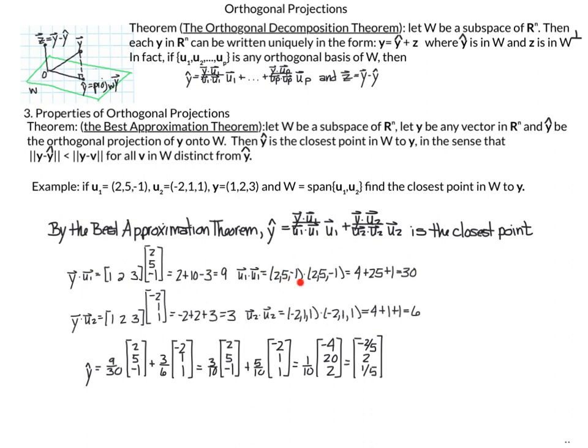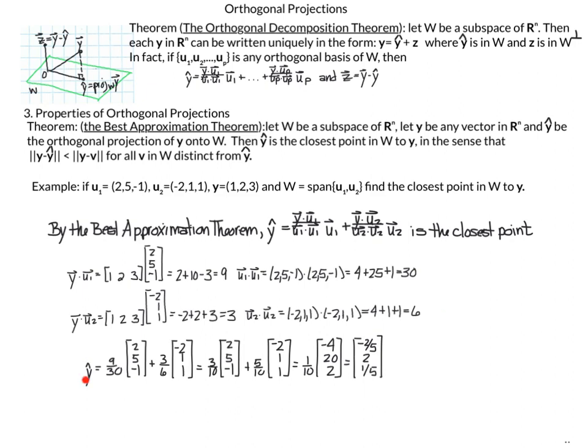So I have 2, 5, negative 1 dot 2, 5, negative 1, and that's equal to 30. Then I figured out the numerator of the coefficient of u2. So y dot u2, here I have y, 1, 2, 3 dot u2, negative 2, 1, 1 is equal to 3, and u2 dot u2, so it's negative 2, 1, 1 dot negative 2, 1, 1 is equal to 6.